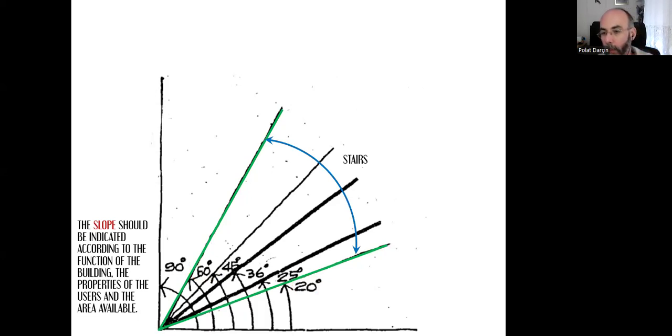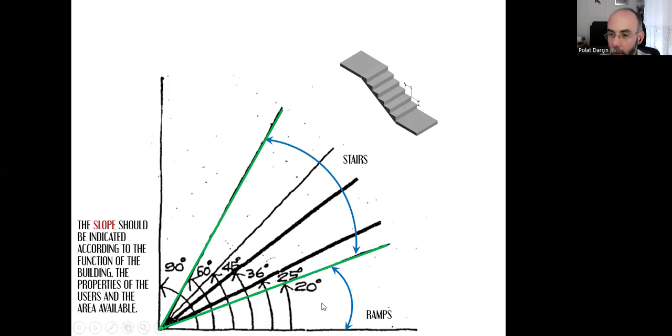Any angle between 20 and 60 degrees can be called a stair, of course with different slopes, different pitches. If the angle is lower than 20 degrees, we should not design stairs. Instead, we should design either ramps or escalators.